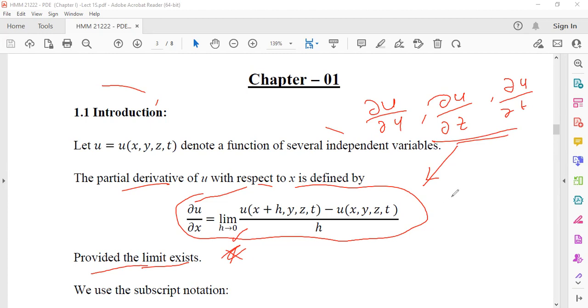You can send me in the chat, but of course you can write it and I will write later so you can correct your answer. Please everyone write down how you can write daba u over daba y, daba u over daba z, daba u over daba t. I'll give you 2 minutes. Can you all finish up?